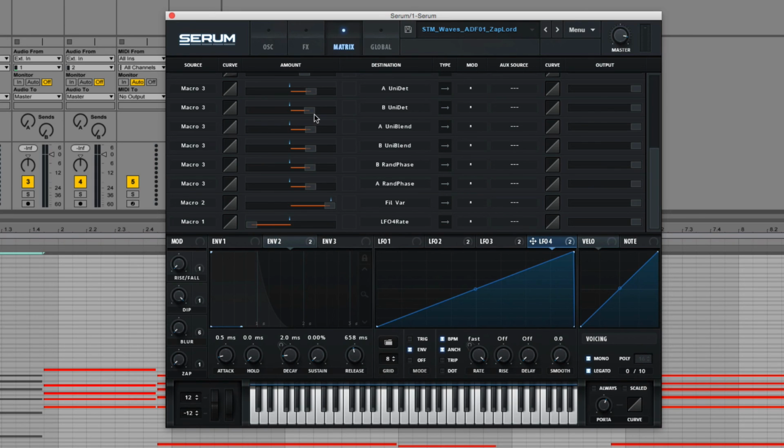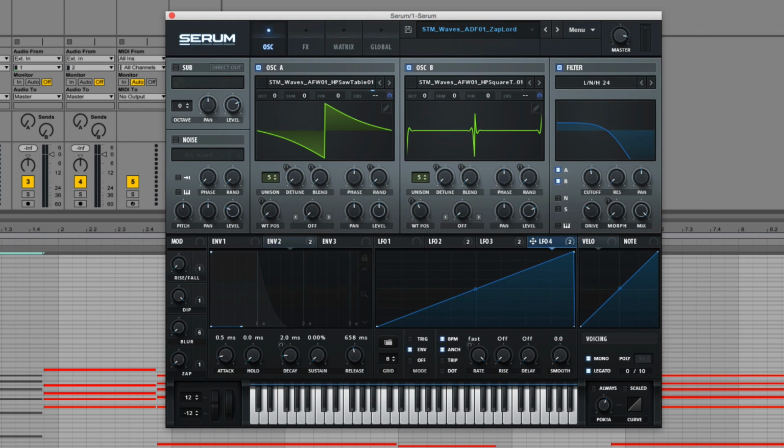So hopefully if I don't do the best job explaining it, you can at least look at this and get on the right track. So I start with a high-pass saw table and a high-pass square table.